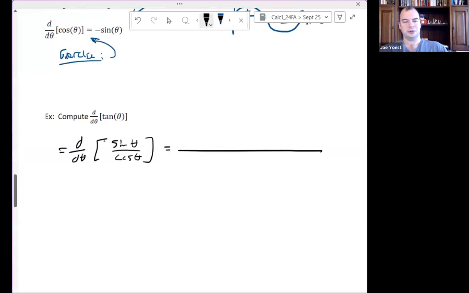So what does my quotient rule say? Well, I divide by the square of the bottom, and I have bottom times derivative of top, minus top times derivative of bottom, over bottom squared.